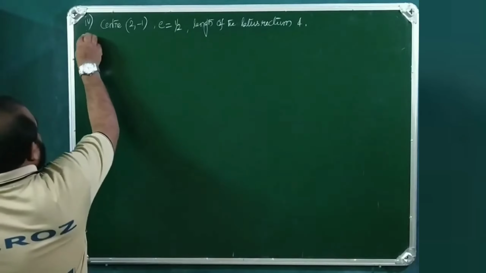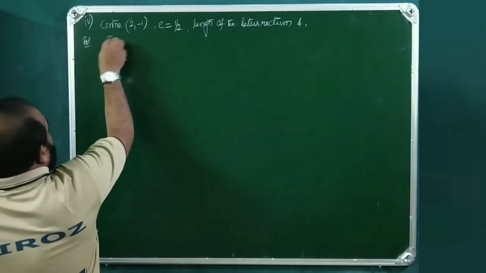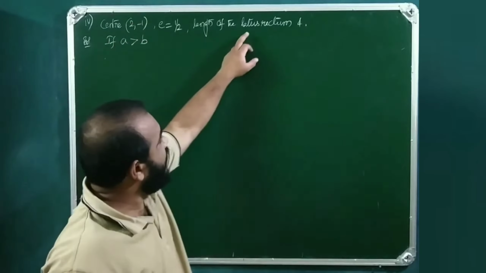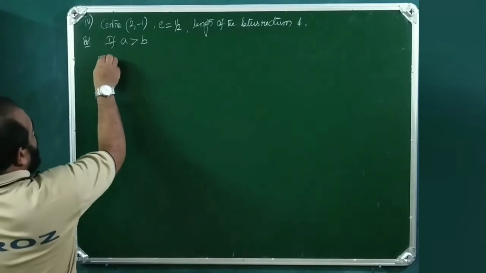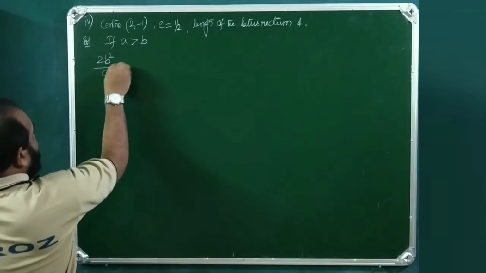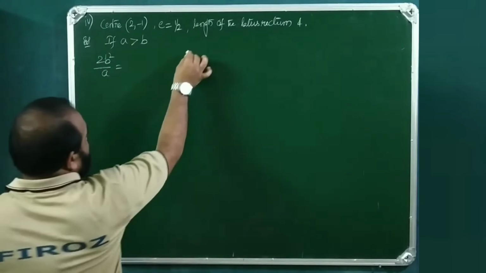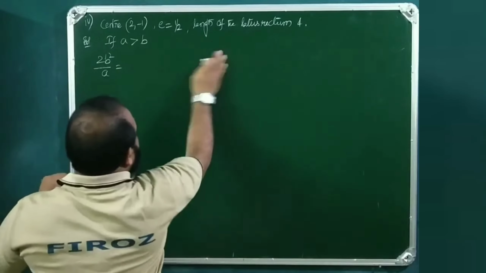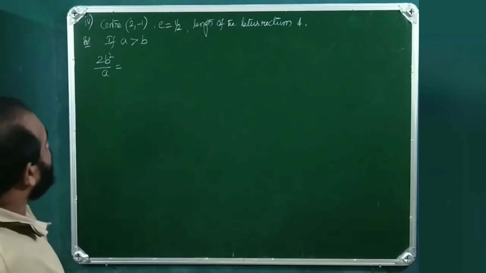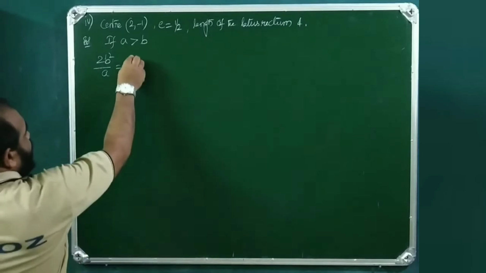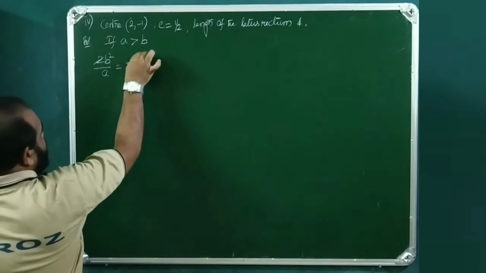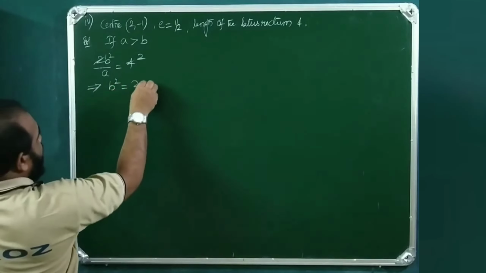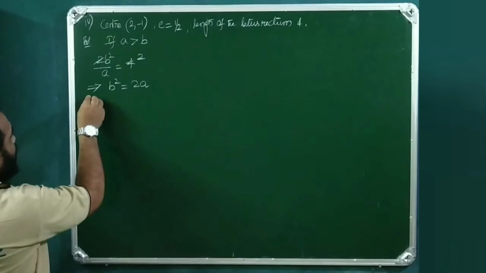So if A is greater than B, then the length of the latus rectum is 2B square by A. So this is equal to 4. So 2 times B square by A is equal to 4, so B square equals 2A.